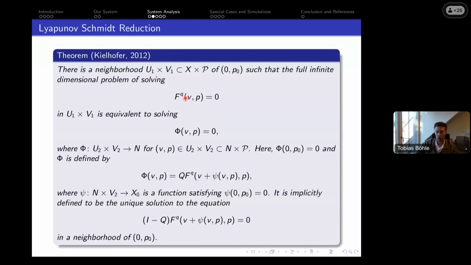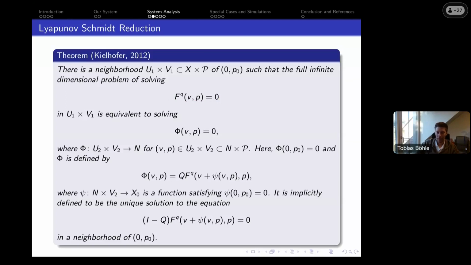If we find a solution v here that satisfies this equation, then this is an equilibrium, because the right-hand side is equal to 0. So we want to find solutions to this problem. But this is an infinite dimensional problem. v is an element of the function space X that is infinite dimensional. So this problem is a bit hard.